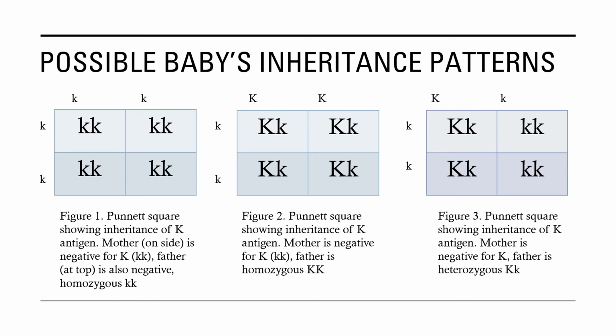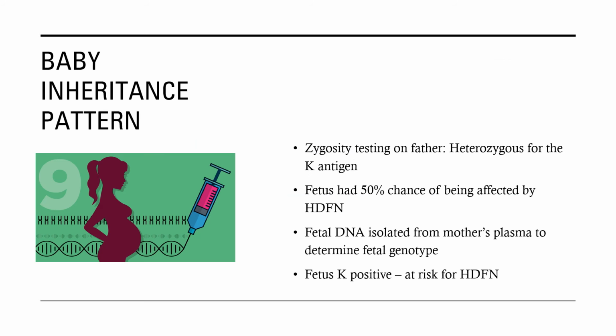In figure 3, we see a heterozygous father with big K, little k, and the mom is little k, so the baby would have a 50% chance of being at risk.